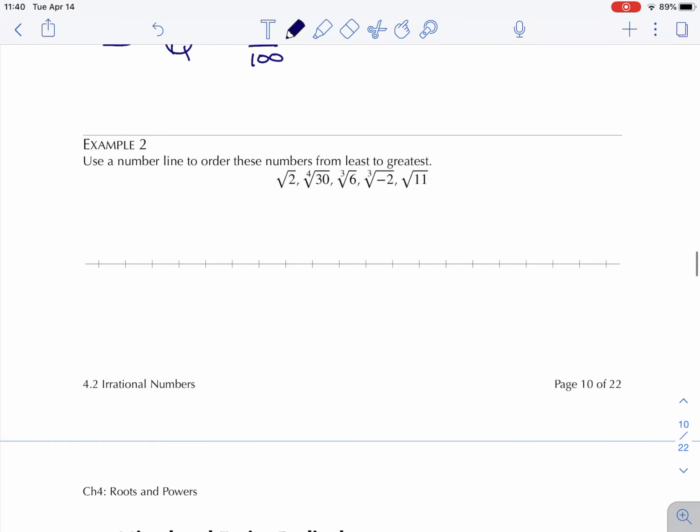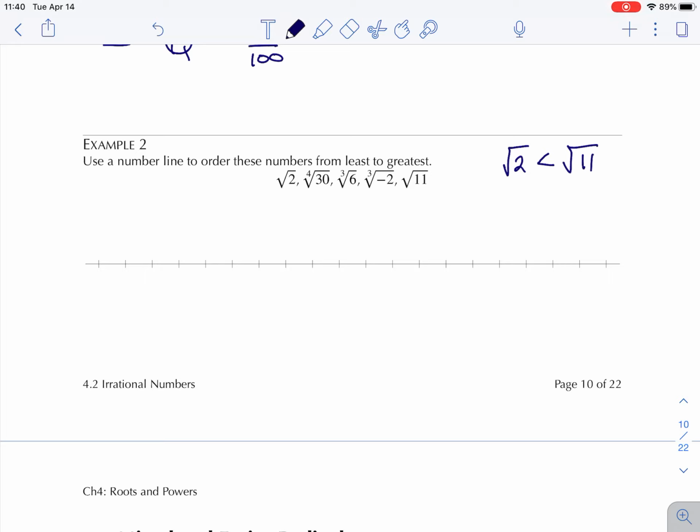All right, let's take a look at example number 2. Use a number line to order these numbers from least to greatest, so from smallest to largest. Now, some of these are easy to compare, and some of these are difficult to compare. The square root of 2 is definitely less than the square root of 11.